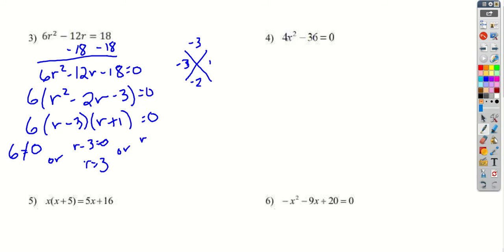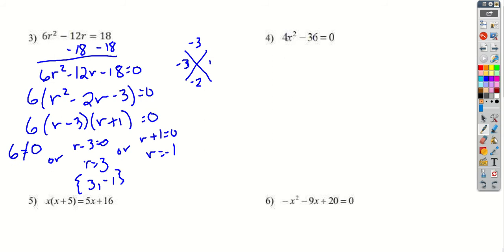Or we get r plus 1 is equal to 0, which in that case means r is equal to negative 1. So the solutions are not 6, but just 3 and then negative 1. Okay, so if there's a GCF up front, we're going to set it equal to 0, but remember in that case it can't equal 0, so that solution is then done.